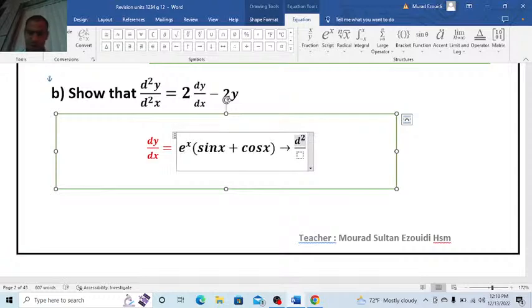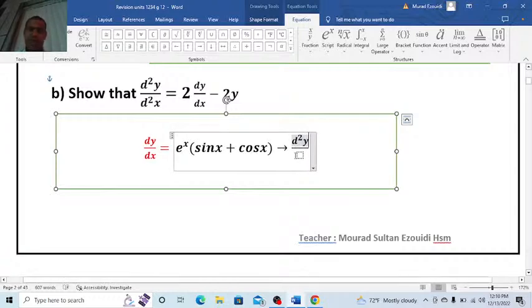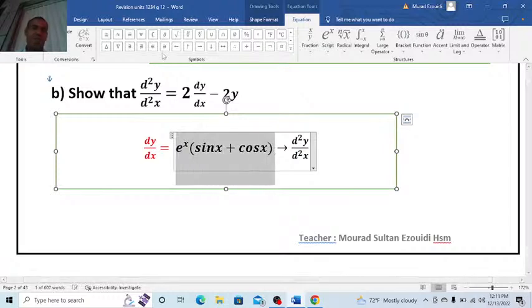This is the variable y, the function, and this is d second of x, which means I will try to find the second derivative of the function with respect to x. Okay, so I should differentiate this again.